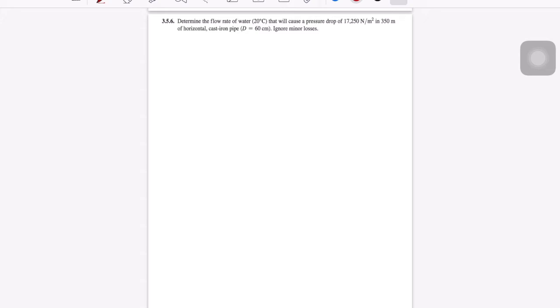So from this problem, we know that the diameter equals 0.16 meter and the pressure drop equals 17,250 Newton per square meter, and the length of the pipe equals 350 meter.